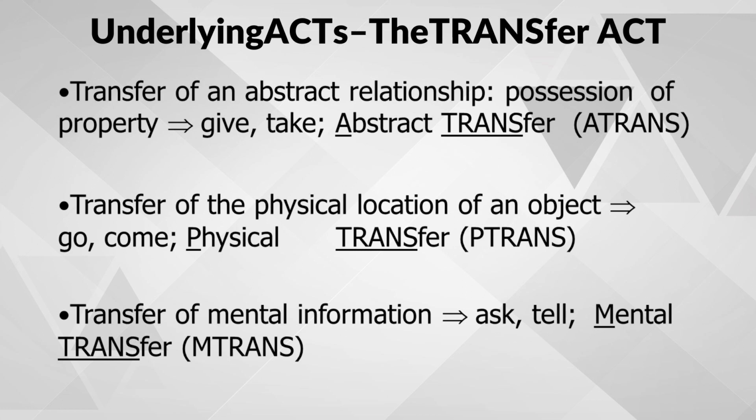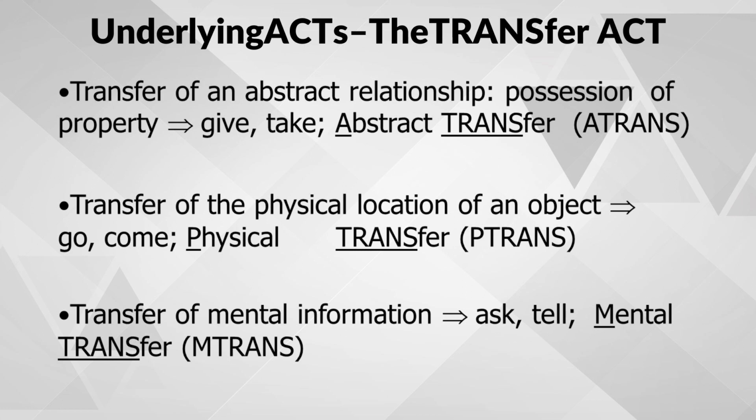Transfer of the physical location, that is P-trans. Actions in this category indicate the movement of an object from one physical location to another. Examples include go and come, where the object's position changes in physical space. Transfer of mental information, that is M-trans.